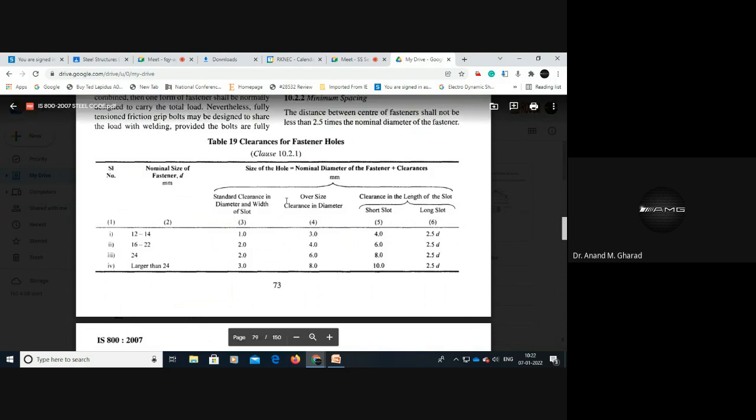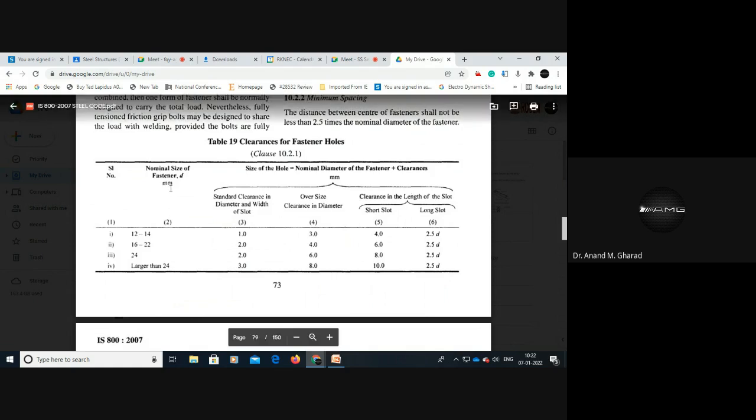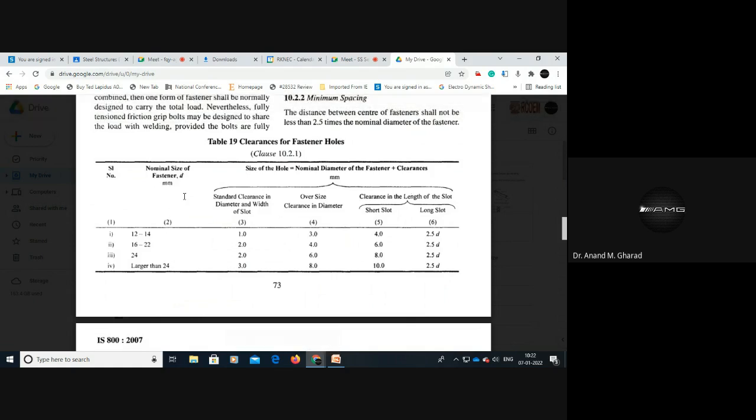That clearance is given in this table, as you can see, and be careful. Column number 2 speaks about the nominal size or nominal diameter of the fastener. So there are different ranges which are given. For different ranges, you will see that there are different sizes of the holes mentioned.